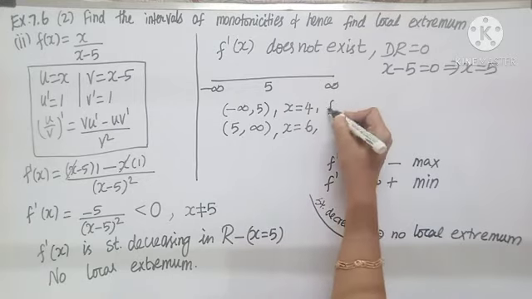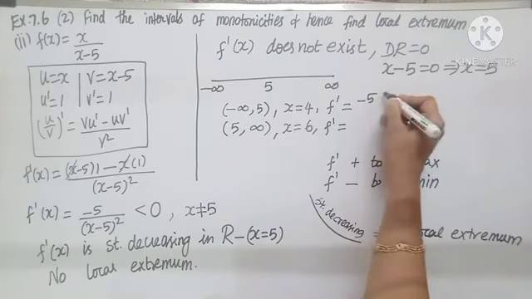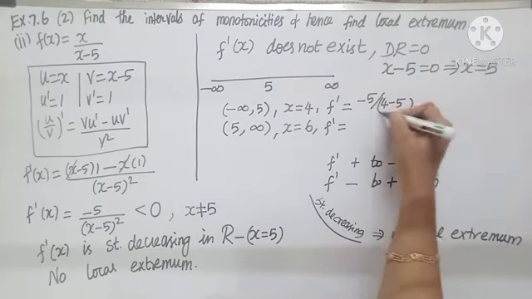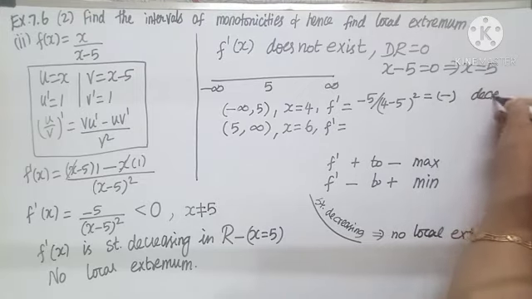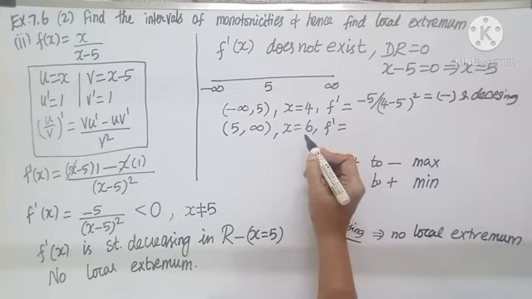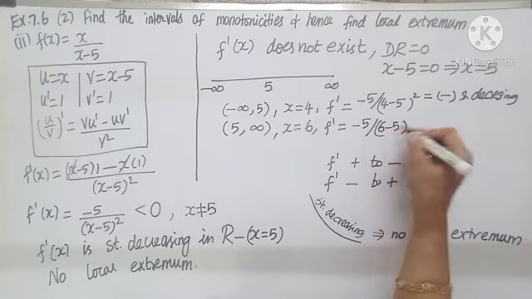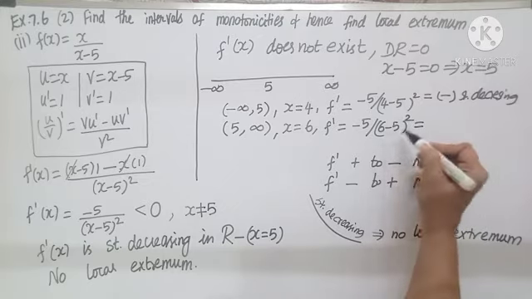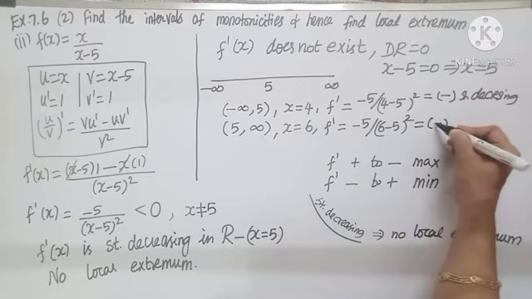Check the derivative sign. f dash equals minus 5 by 4 minus 5 the whole square, that is negative, decreasing. We will say strictly decreasing. Similarly, when I put 6, minus 5 by 6 minus 5 the whole square. This is positive, but the numerator is negative, altogether negative.